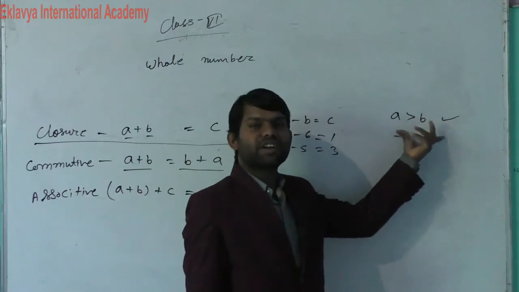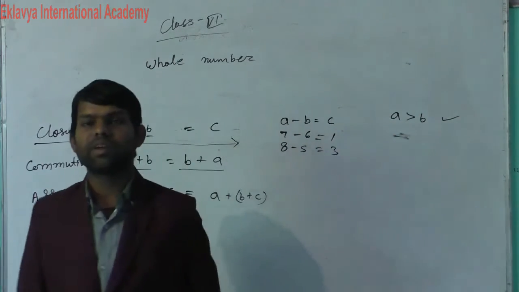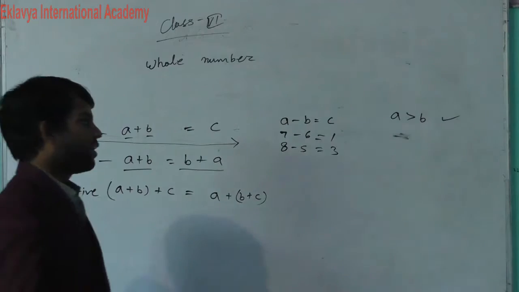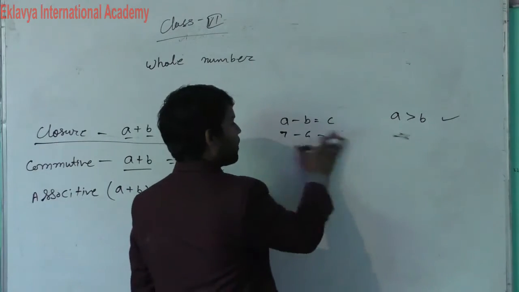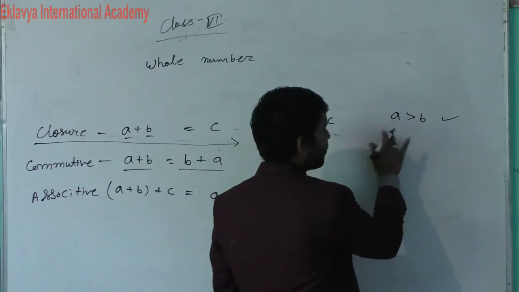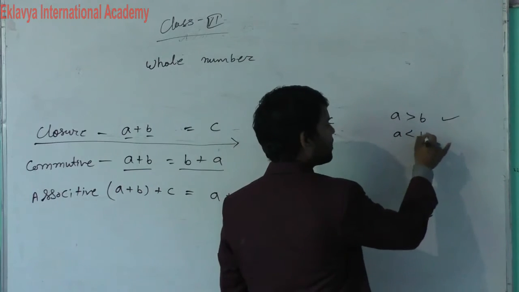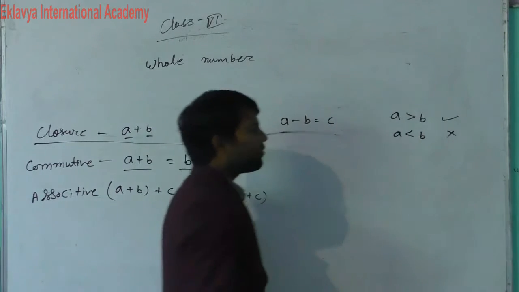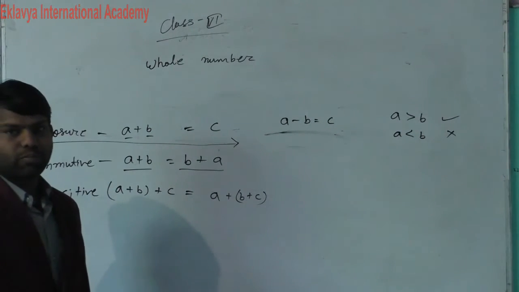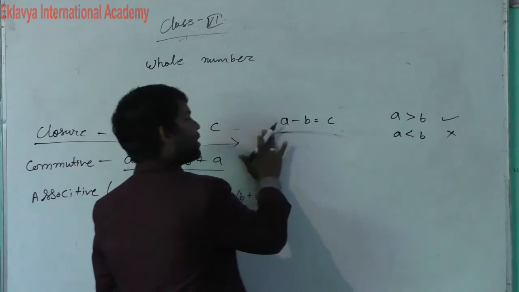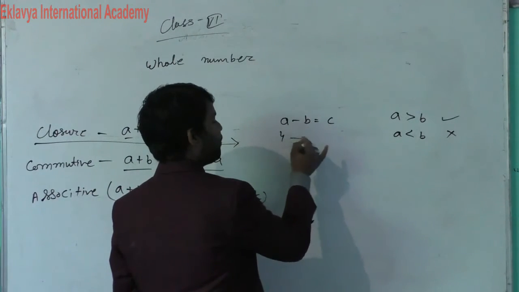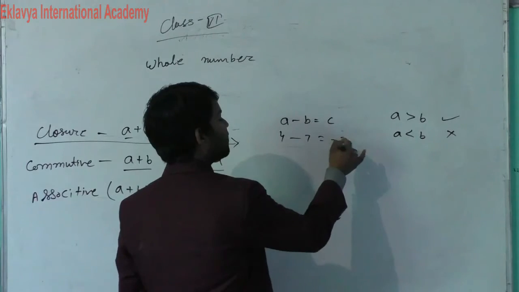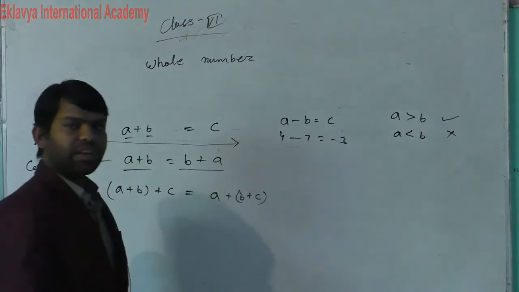If a is greater than b, the first number is greater than the second number. But if the first number is smaller than the second number, then we can't apply this property. For example, if a is 4 and b is 7, then the answer will be minus 3.